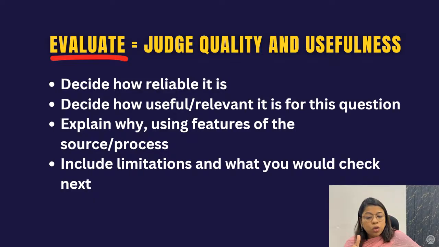You have to look at the source and find out its reliability. A very simple way: one, look at who has written that source. What is the credibility of that person? When it was written, and what it is trying to say. When you answer these WH questions, you will be able to clearly think about the reliability of the source, that whether I should trust this source or not.